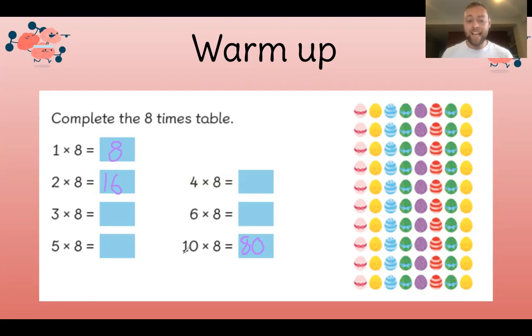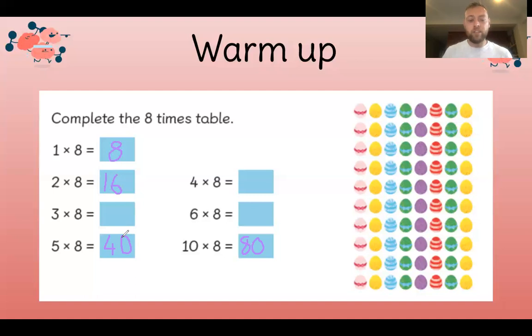Because 10 is double 5, which means 5 is half of 10, right? So if I take my answer of 80 and I halve it, which means it becomes 40, 5 times 8 is 40. Notice how I didn't even need to work that out because I'm using some patterns and some rules.